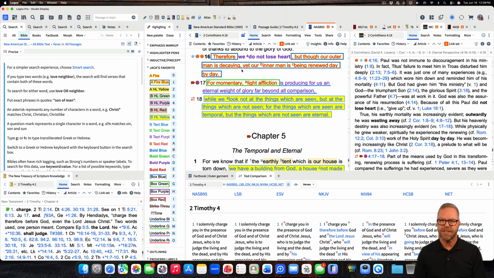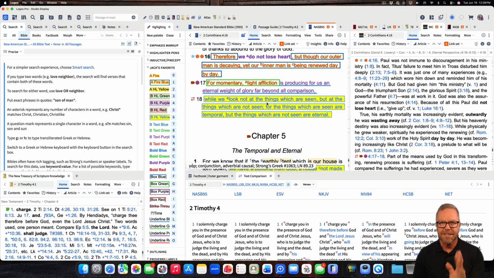Okay, so this is your text right here. Therefore, we do not lose heart. But though our outer man is decaying, our inner man is being renewed day by day. For momentary light affliction is producing in us an eternal weight of glory far beyond all comparison, while we look not at the things which are seen, but at the things which are not seen. For the things which are seen are temporal, but the things which are not seen are eternal. So this is your text, and you're going to have to work through it.